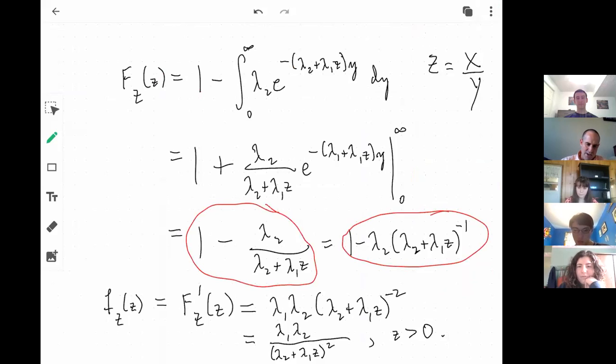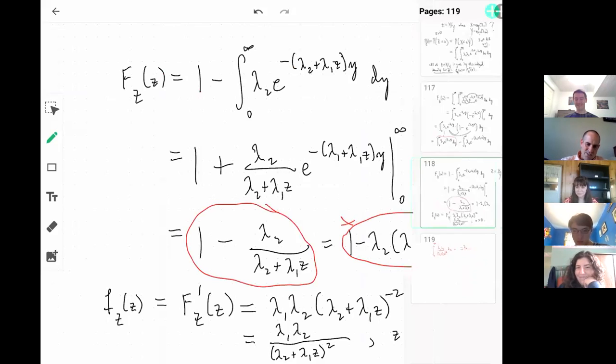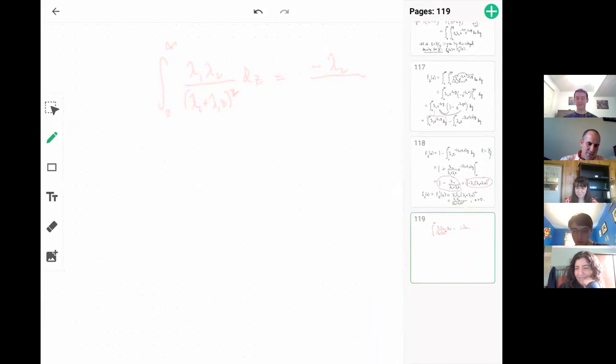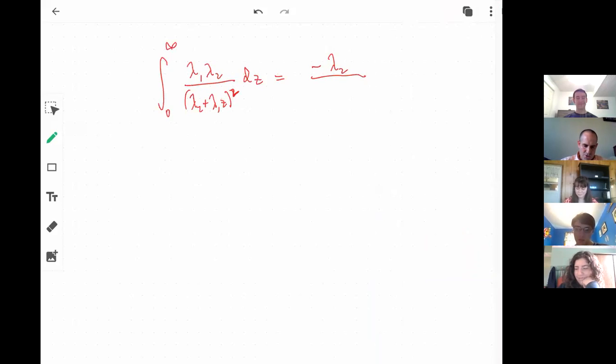This 1 doesn't really matter to us. I mean, we just took the derivative of this thing, for crying out loud. We know what the antiderivative is. So the antiderivative is going to be minus lambda 2 over lambda 2 plus lambda 1 z to the first power, evaluated between 0 and infinity.